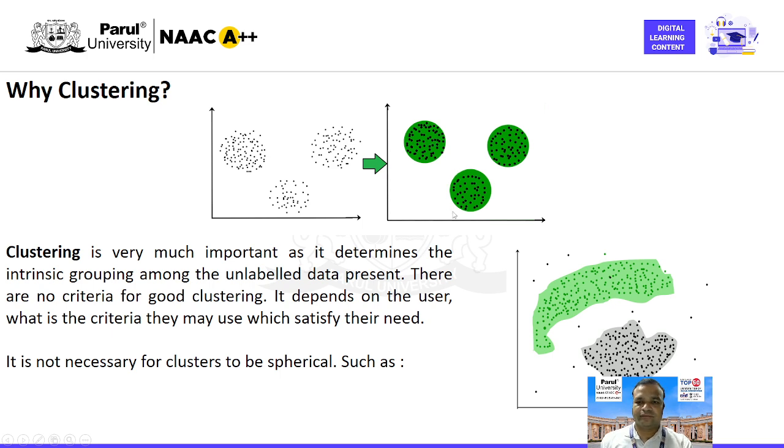This is the second cluster where all of the data points have the same features, the same similarities. Cluster number three is the group of similar data points.